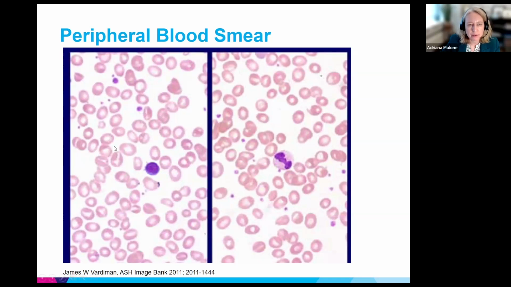Here, for example, is one, a large red blood cell, and we gauge the size based on the diameter of the nucleus of a mature lymphocyte. And we can see that the red blood cells, the macroovalocytes, are larger in size than the diameter of the mature lymphocyte. We see here a neutrophil, which is morphologically normal, as are the platelets on this smear.